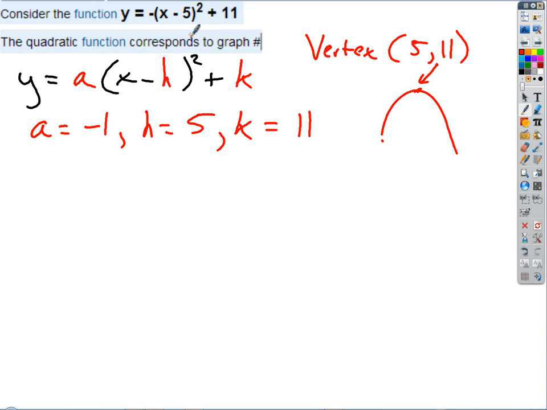So remember our little rule: the sign of h is always going to be opposite. So if it was positive, it'd be negative 5? Yes, because if it was x plus 5, we'd actually be subtracting a negative. As a rule of thumb, the sign of h is always the opposite of that operation. Make sense? Okay.